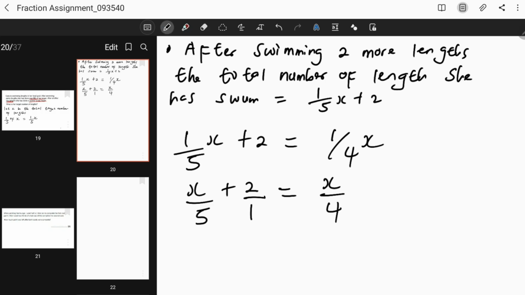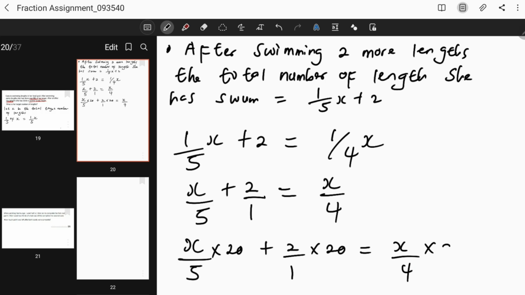So I'm going to multiply everything by the LCM, which we just obtained, and that LCM is 20. So I have x over 5 multiplied by 20 plus 2 over 1 multiplied by 20 equals x over 4 multiplied by 20.